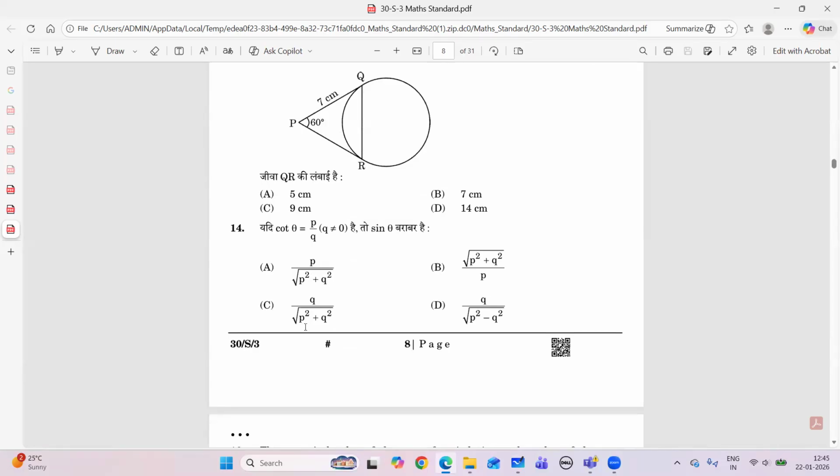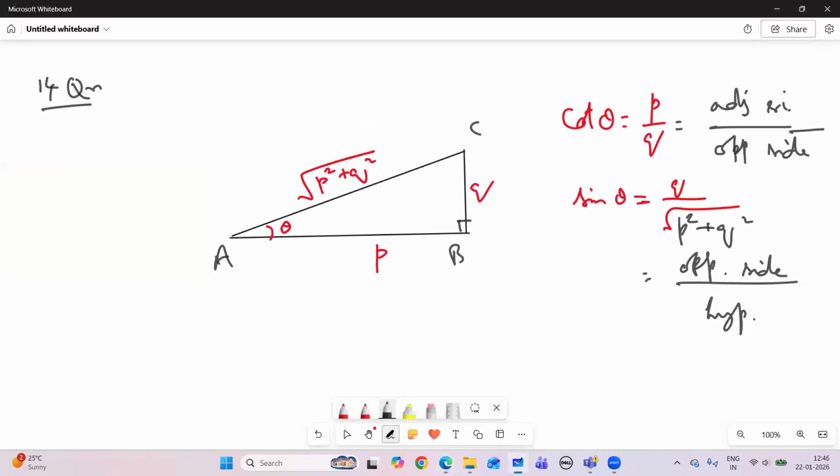So it is Q by root P square plus Q square, so the right answer is C. Sin theta is opposite side by hypotenuse, opposite side becomes Q, so the correct choice is C.